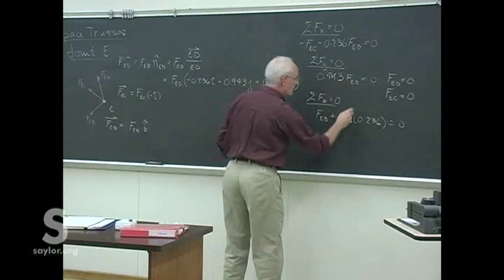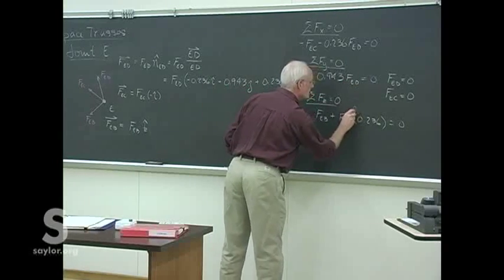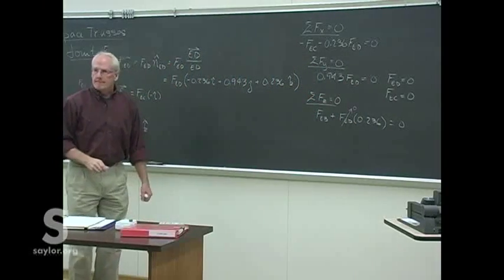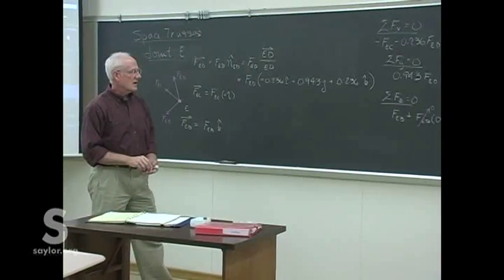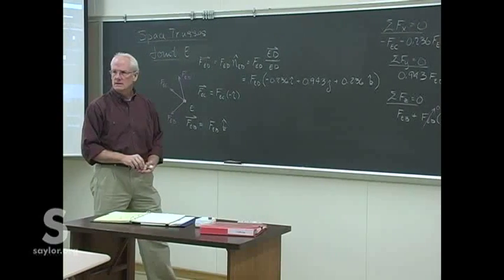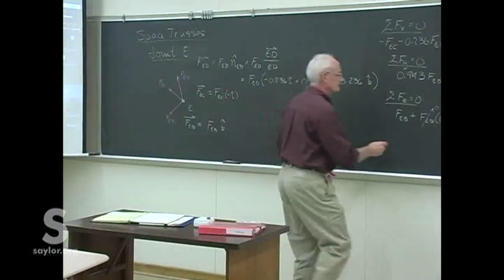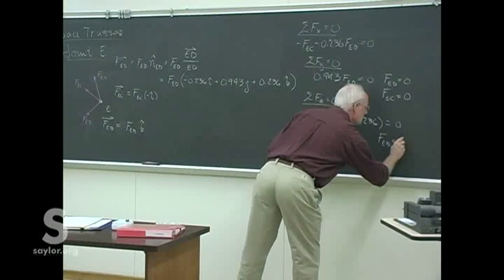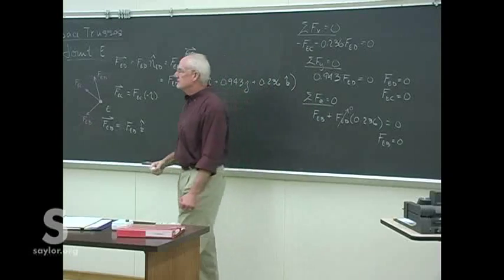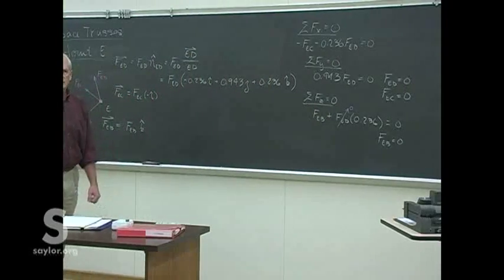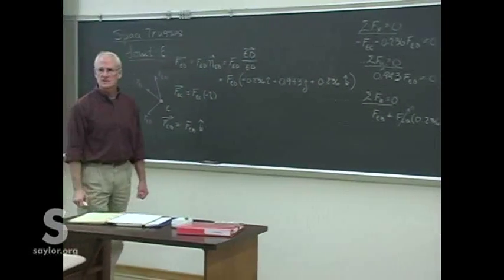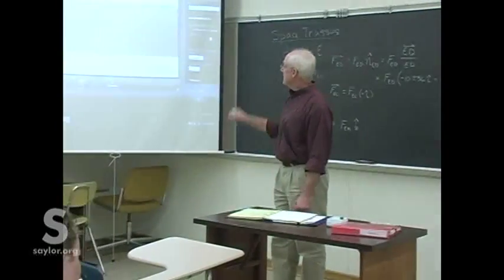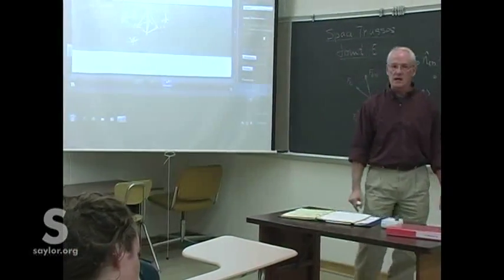But FED we already know is 0 itself. So FEB is also 0. Does that make any sense? Looking at the structure, there are no forces in any of the members coming down to joint E.